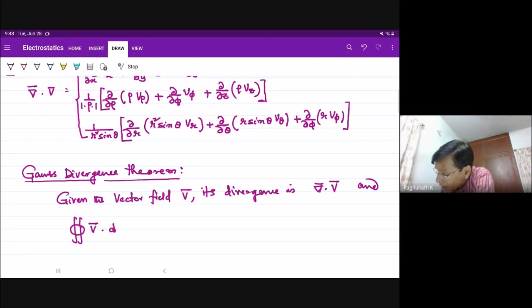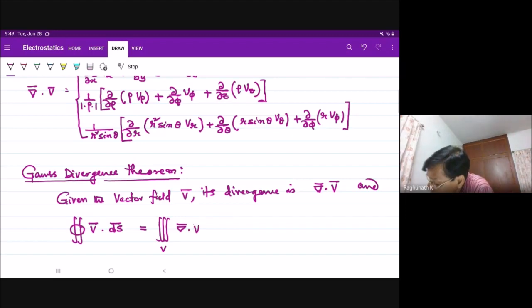V bar dot ds bar closed surface integral is equal to the volume integral over the volume enclosed by the closed surface of del bar dot V bar. Volume integral of a scalar quantity is Gauss divergence theorem.